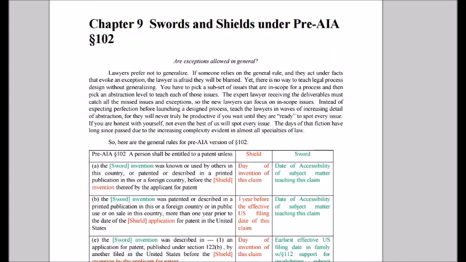Chapter 7 and 8 cover MPEP pre-AIA 102E and the flowcharts. Chapter 9 introduces the concept of swords and shields, which is my way of talking about the Hilmer doctrine. Your shield date, if you will, under 102B does not go back to a foreign filing date, only to U.S. filing dates and PCT applications designated in the U.S. And sword date implies the date a reference is effective to kill a patent.